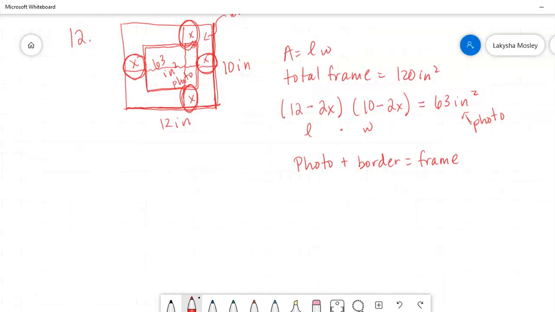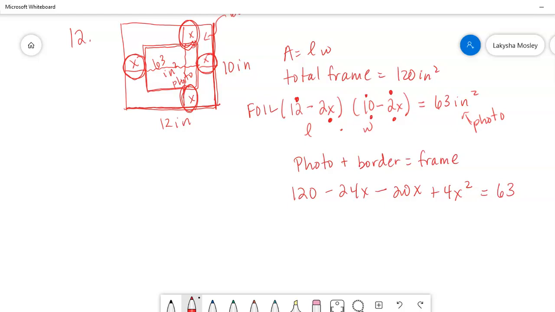So I've got first, that's the 120, times outer, and that gives me a negative 24x. Then I have my inner, that's negative 20x. And then I have my last, positive 4x squared, equals 63.